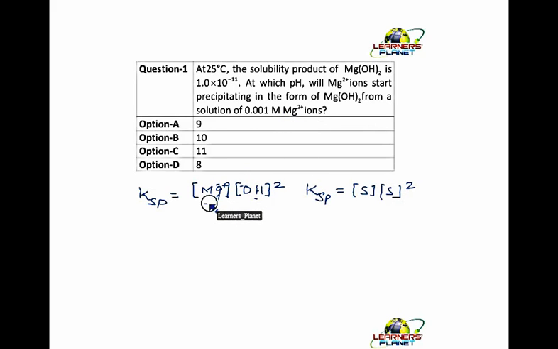Now we have got the concentration of Mg2 plus ions over here. See, what is it? 0.001 molar Mg2 plus ions, right? So what is the solubility product given to us? It is 10 to the power minus 11 divided by 0.001. We are provided with this many ions.